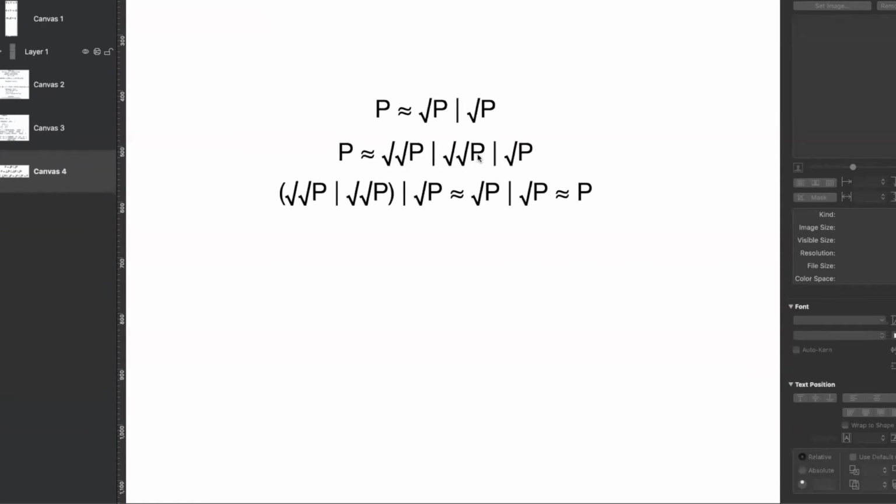But we've also sort of implicitly defined what correctness for Casper means. The correctness for Casper is that some number of copies of P is going to be bisimilar to P for all smart contracts. Is that making sense?